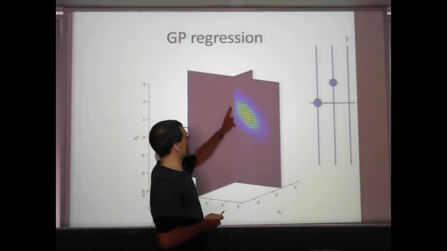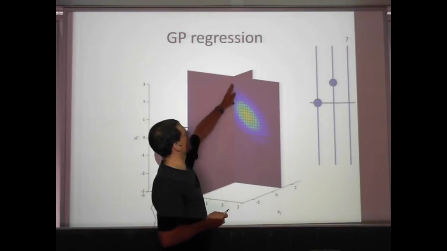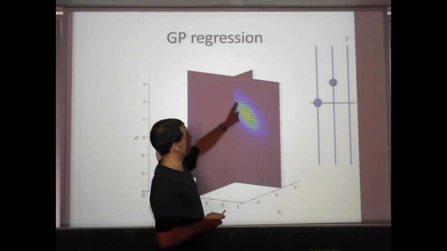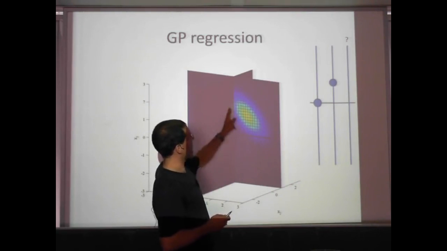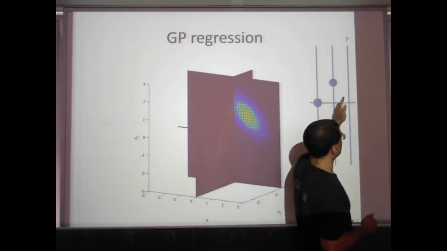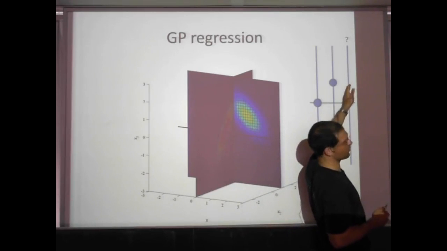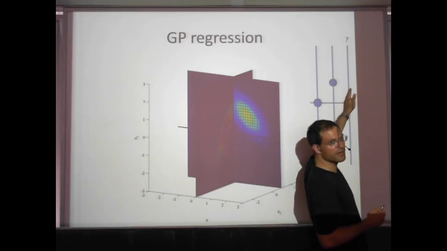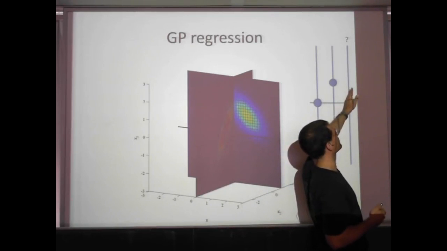So we have a 1D Gaussian distribution here. And this 1D Gaussian distribution corresponds exactly to my conditional estimate, or to my posterior distribution. This is my posterior distribution given the prior.